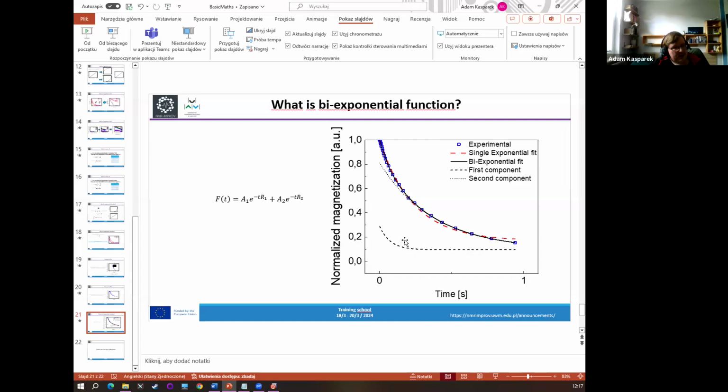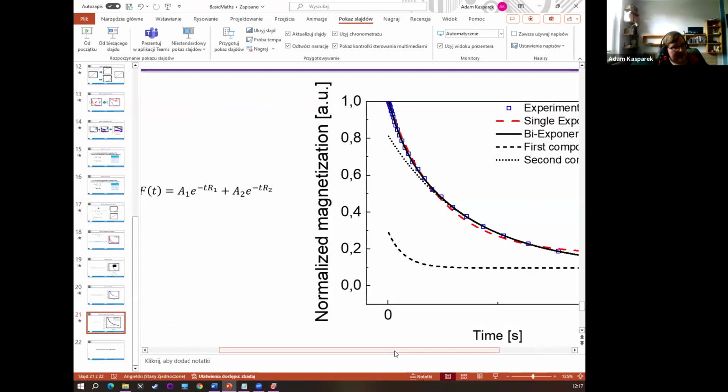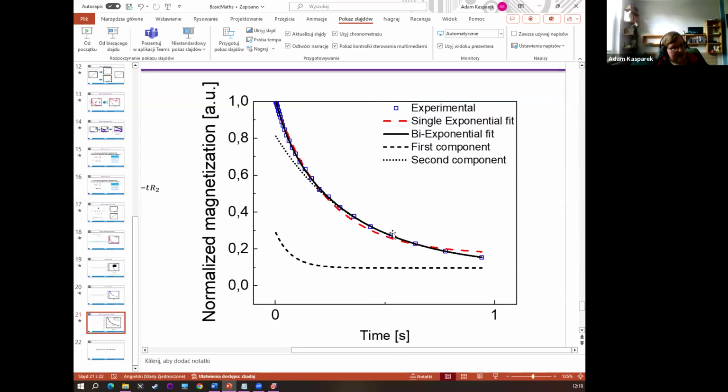From this point around here, it doesn't contribute anything important to explaining the experimental values, but it is required to explain this part here, because the second component aligns perfectly with the results in the second area.